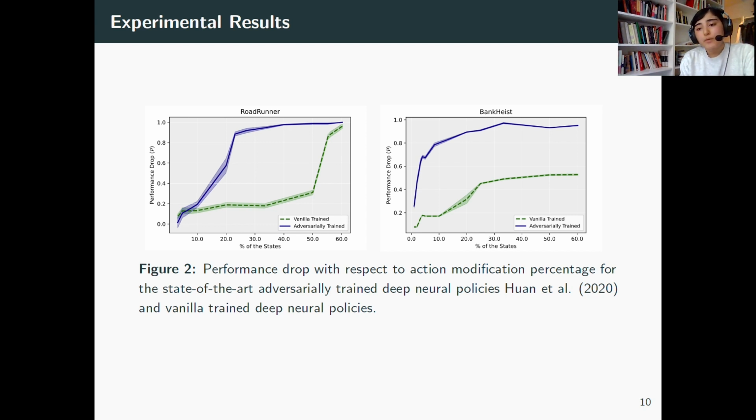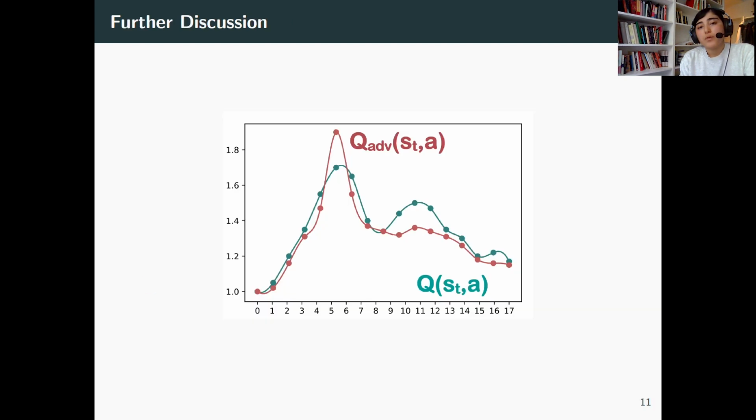And in our paper, we hypothesize that this might cause overestimation of state action values, and we argue that the root cause of this problem might be applying existing adversarial techniques proposed for image classification and deploying them in the reinforcement learning setup.